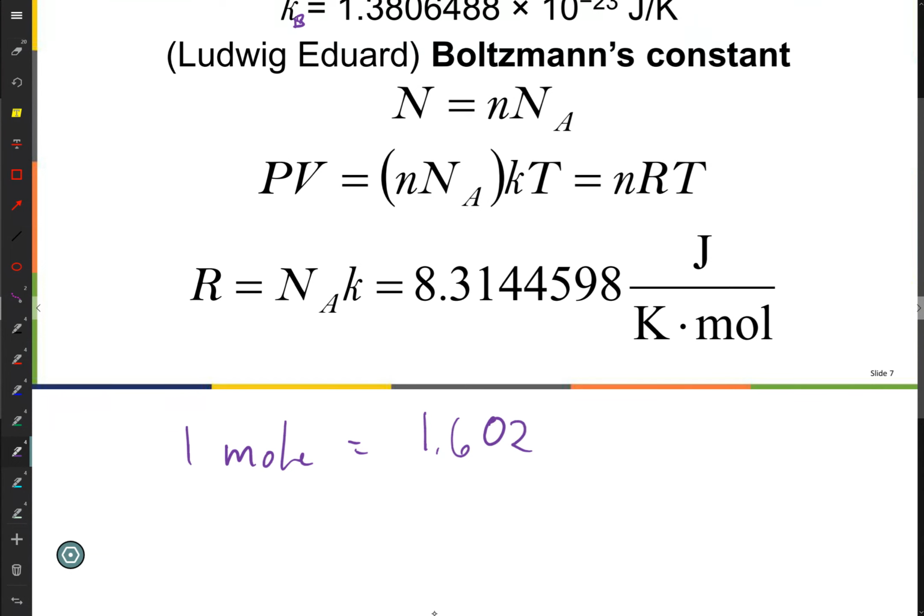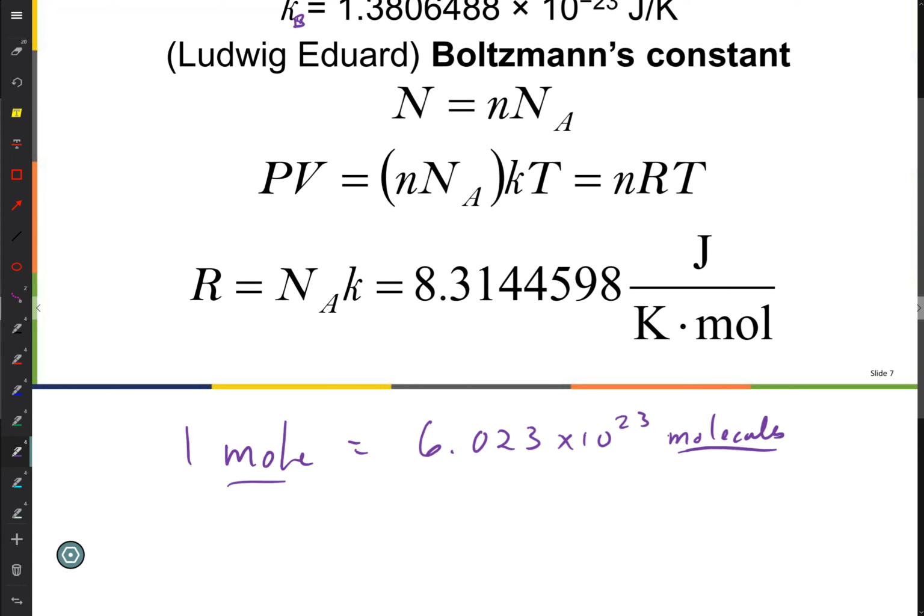I'm thinking of the charge of an electron here, for anyone who cares. It's 6.02 times 10 to the 23rd molecules. That's what a mole is.